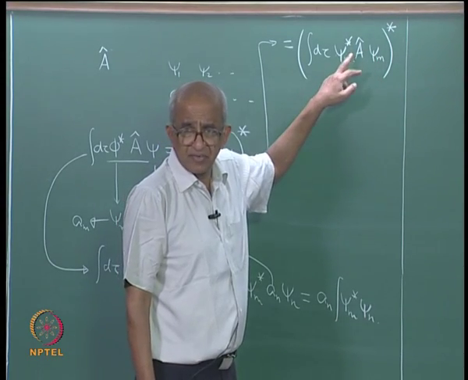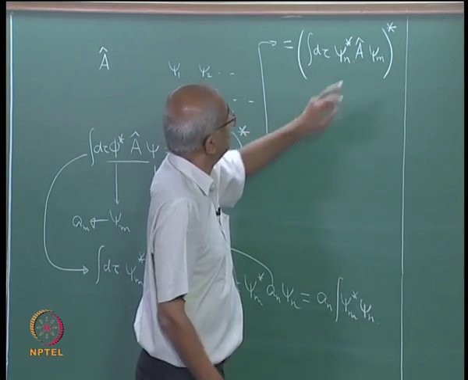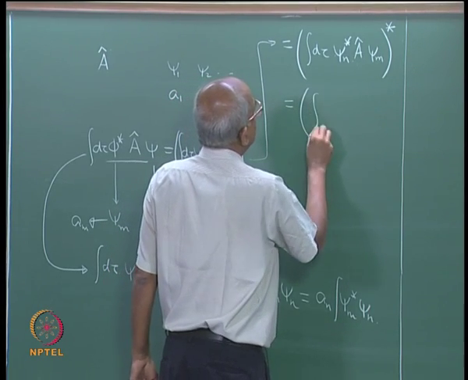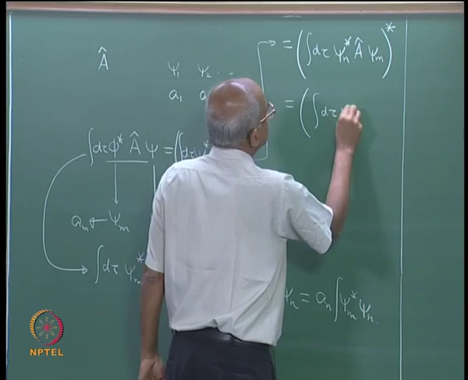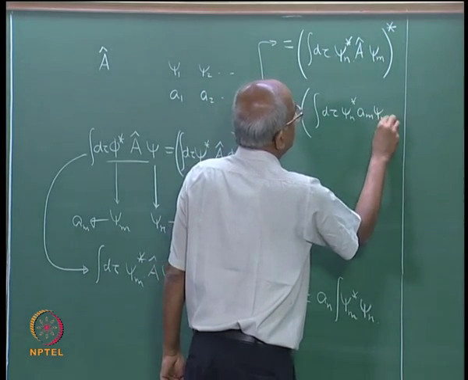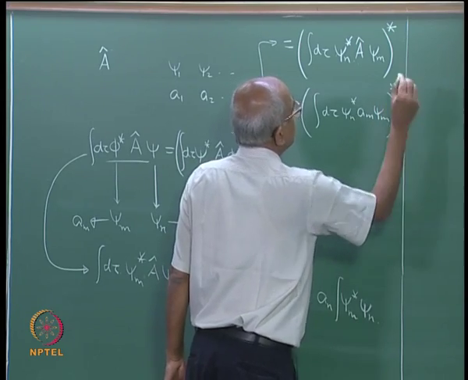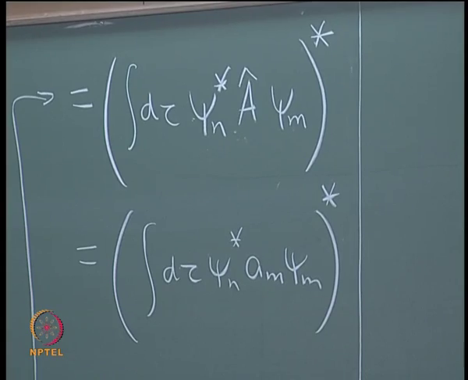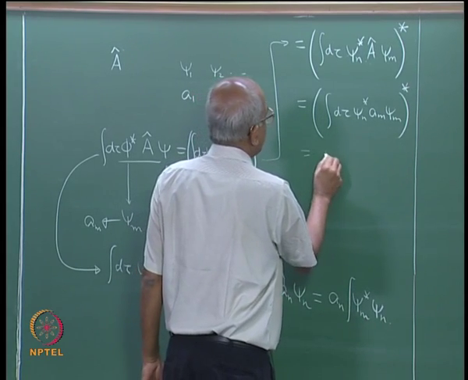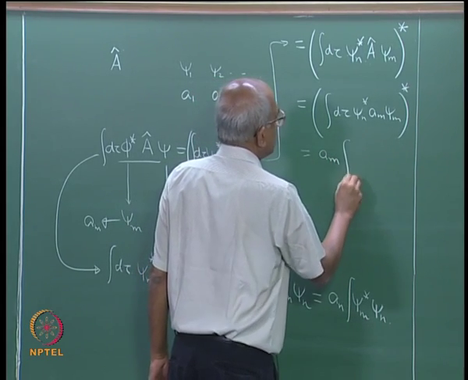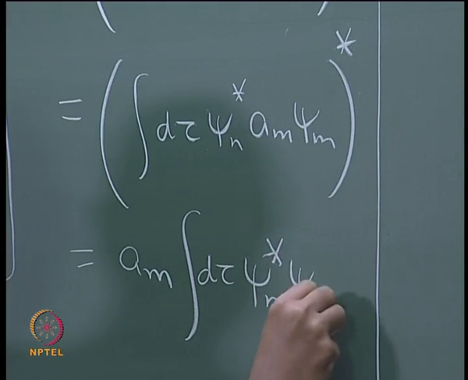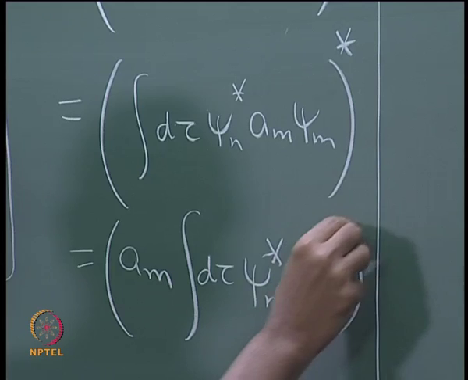Psi m is an eigenfunction of A. So, this is going to be equal to the integral d tau psi n star a m psi m, but this a m I can move out. So, I will have a m times the integral d tau psi n star psi m, the whole thing starred.